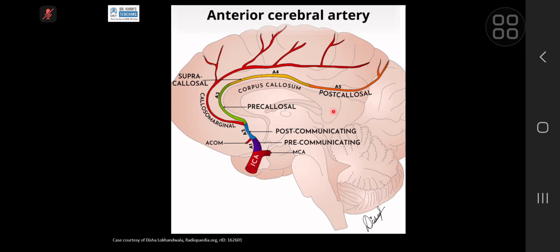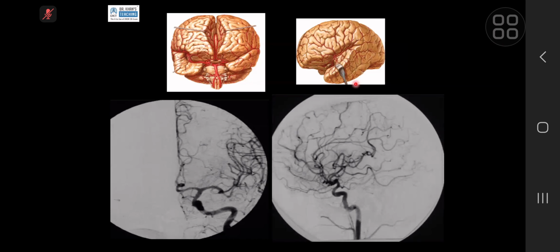In the exam, sometimes they will show you a branch which is callosomarginal, but the main segments are these ones. In the exam, and this has happened in the past also, if they show you a conventional angio, they will ask you anatomy.